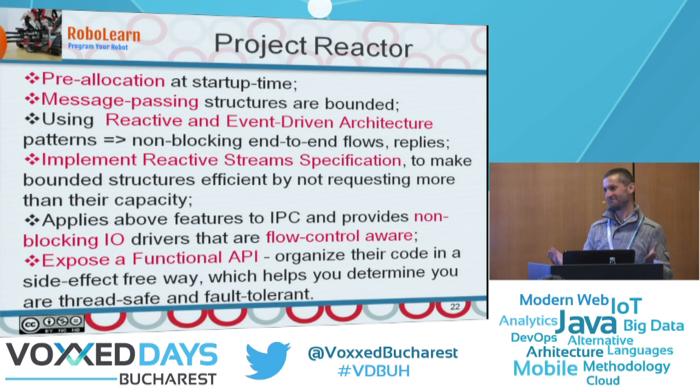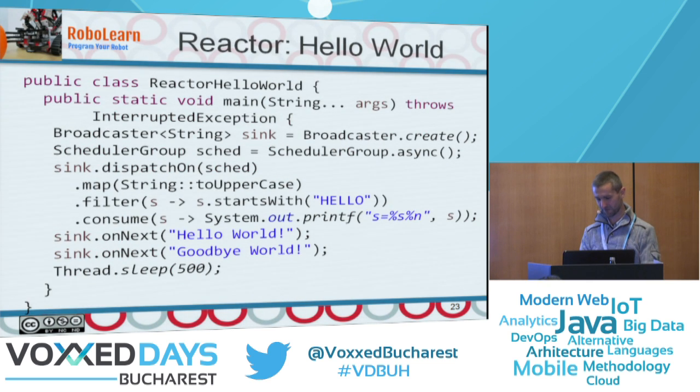But if you want, there is an easy way to integrate RxJava with Reactor if you want to use Reactor Net, Reactor IO, for example, with RxJava fluent transformations after that. It's up to you. Okay. This is a very simple hello world example, which shows us how you can use Broadcaster.